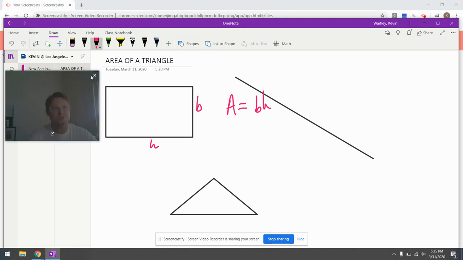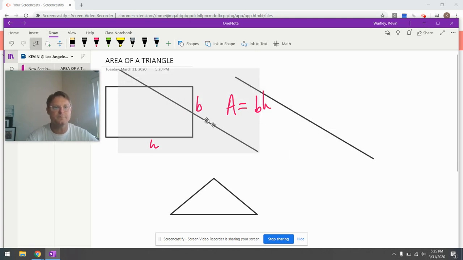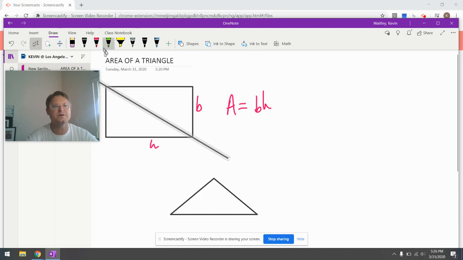Now, as far as a triangle goes, I can easily explain the formula based on this diagram. So I'm going to cut the rectangle into two. That's what happens when you bisect it with a line.